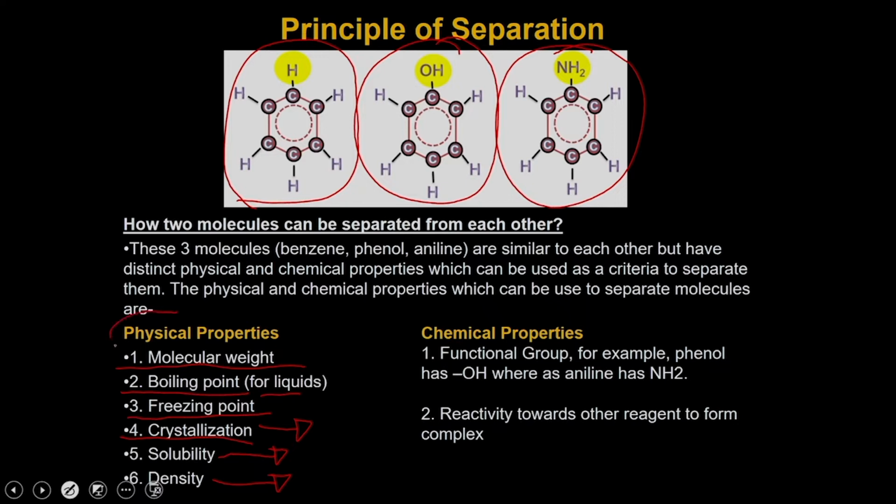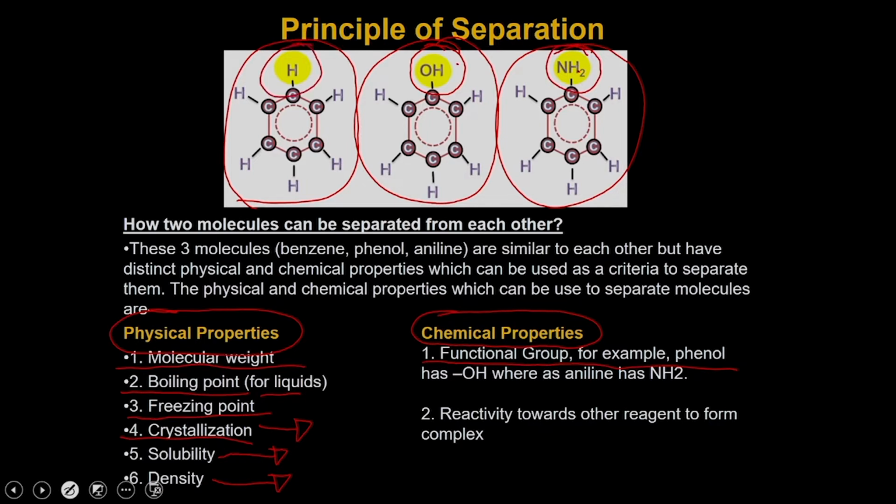All these fall under physical properties. In the same way, you can also play with chemical properties, for example different types of functional groups. In this case phenol has a hydroxyl functional group, whereas aniline has NH2 as a functional group. These two functional groups are very different from benzene.